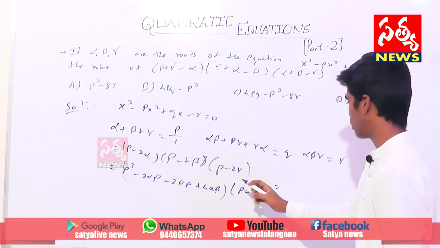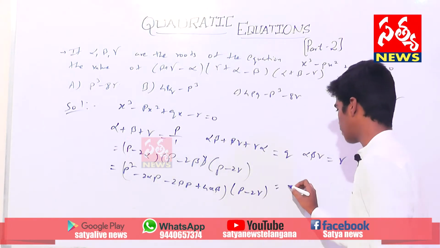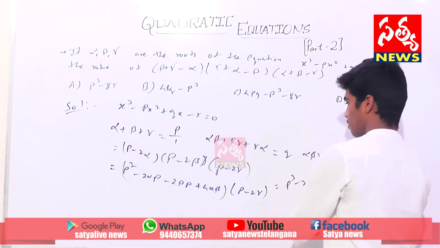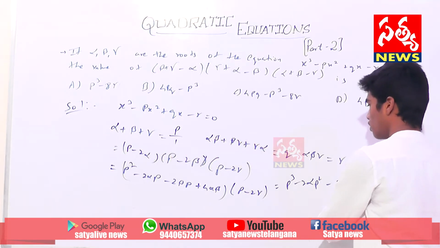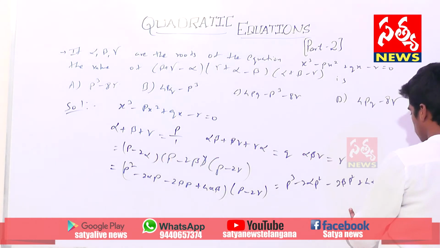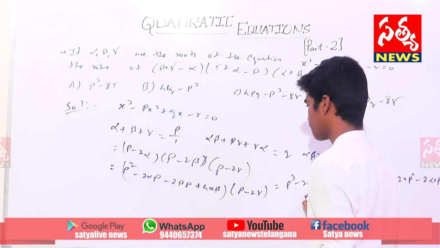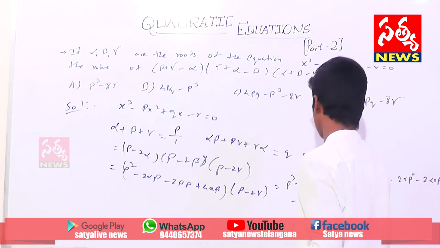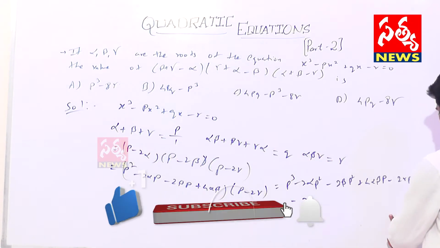Next, multiplying here we get p cube minus 2 alpha p square, and next minus 2 beta p square plus 4 alpha beta p minus 2 gamma p square minus 2 alpha gamma p, plus 2 gamma into 2 alpha, so here we get 4 alpha gamma p.